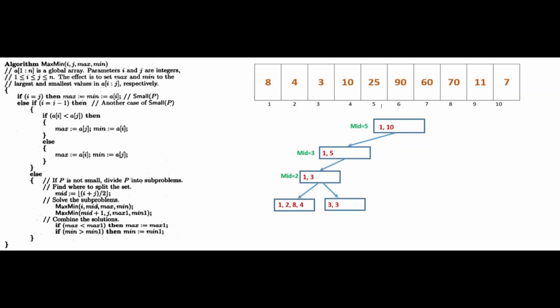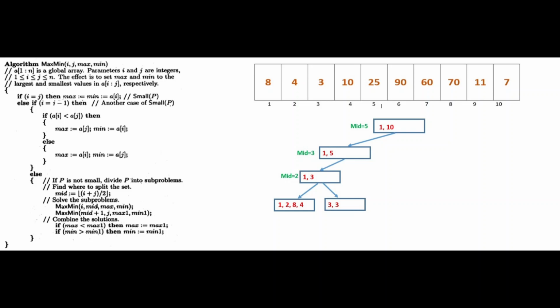Now we are in the node with 3, 3. That is I is equal to 3, j is equal to 3. We have no idea about max and min yet. We are in the beginning of the algorithm with I is equal to 3, j is equal to 3, max comma min.